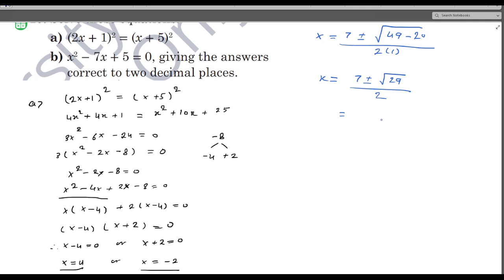So in decimal form, now they say that give your answer correct to 2 decimal places. So one answer is 6.19, so your x is 6.19 or your x is 7 minus root 29 whole divided by 2.